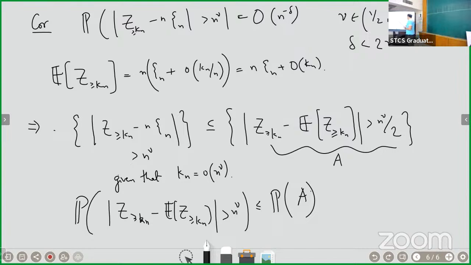No, but you can tell me just in terms of variance. 4n to the minus nu. How large is this now? Quantity in terms of just n.